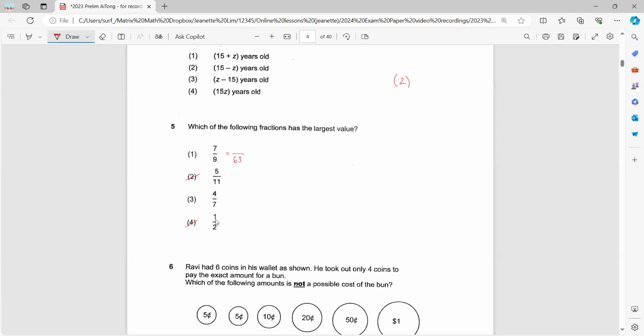So you see when I eliminate, right, I end up with only 2 fractions, and I just need to compare these two. So 7 over 9, to change to over 63, I will multiply by 7, so 49 over 63. The other one I have to multiply by 9, so I get 36. So which one is bigger? Option 1 has the larger value.